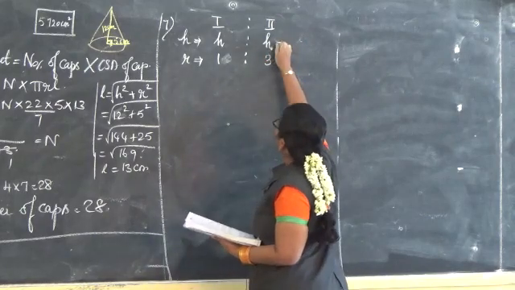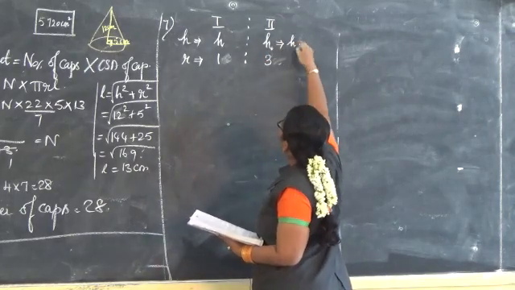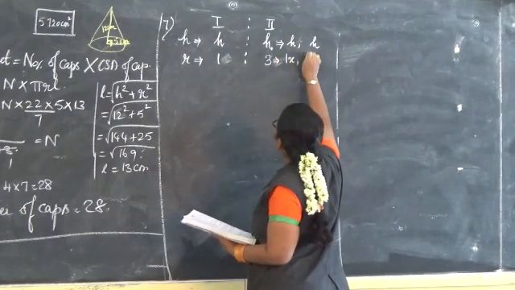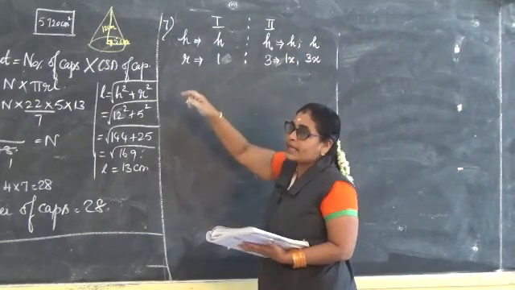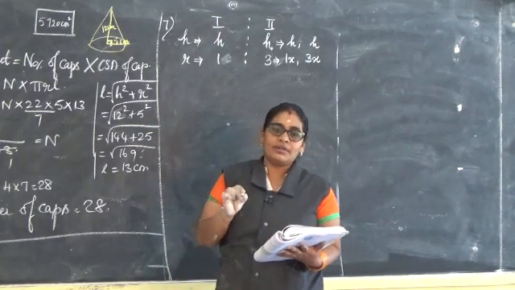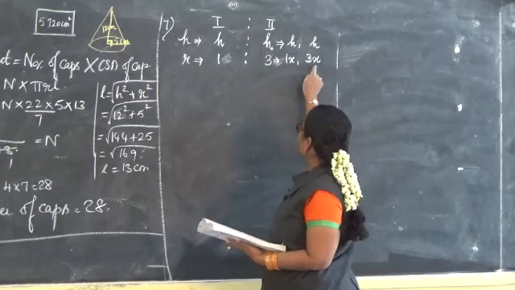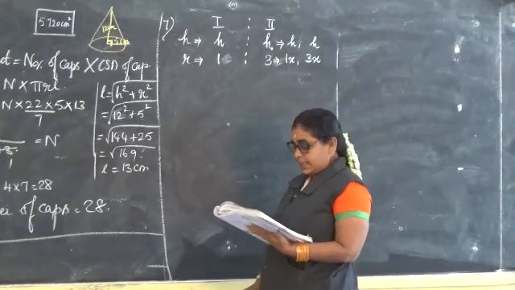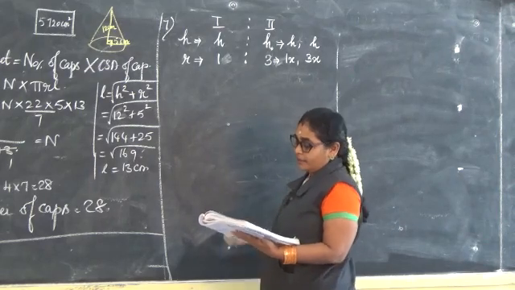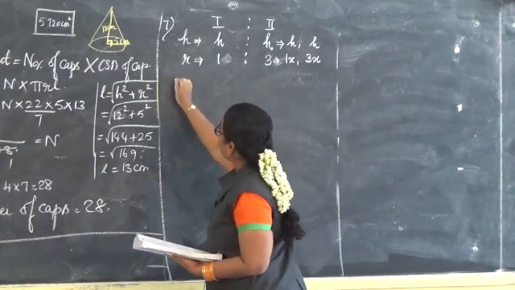Then when we take the value for the height, it is h comma h, and when you take the values for radius, 1x comma 3x, because when they are in ratio we are not supposed to take the direct values. We might have multiplied with any other variables like this. Then find the ratio of their curved surface area when h is the condition. What is the condition?